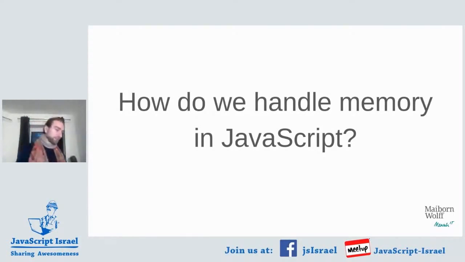And implicitly, we have a garbage collector that checks if our allocated memory is still referenced somewhere from our root object. Because everything in JavaScript is in the end connected to the root object. When you're in a browser environment, you know it's the window object.